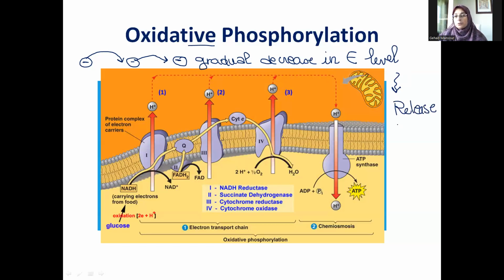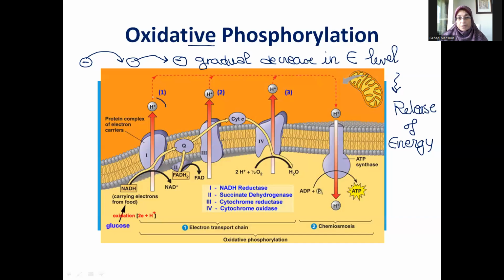What are we going to do with that released energy? That released energy will be utilized by the electron carrier itself to pump protons against concentration gradient.